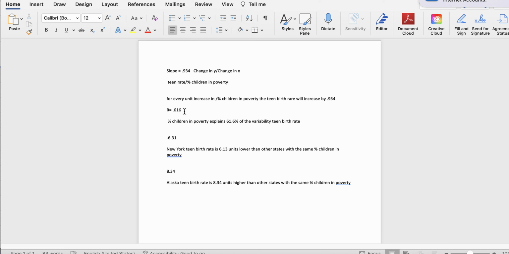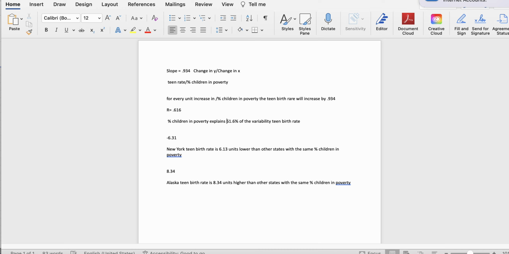The coefficient of determination: the percent of children in poverty explains 61.6% of the variability in birth rate.